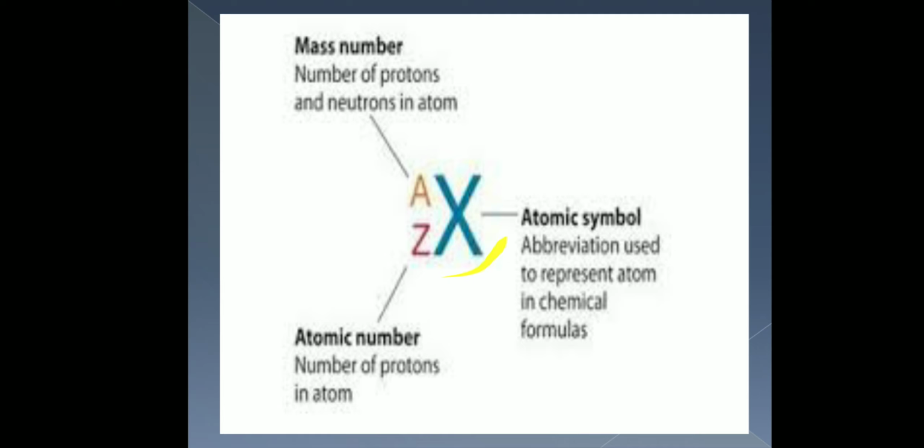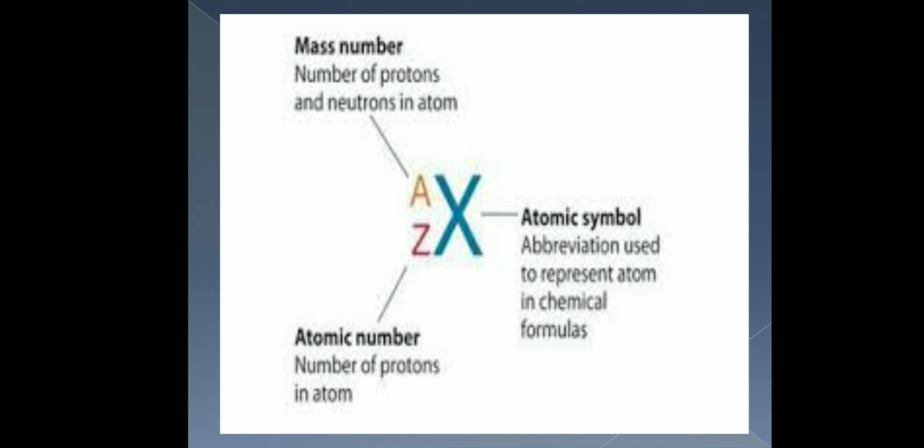So X is here. I have written X with the superscript A and the subscript Z. A is denoted as the mass number and Z is denoted as the atomic number, where X is denoted as the atomic symbol.